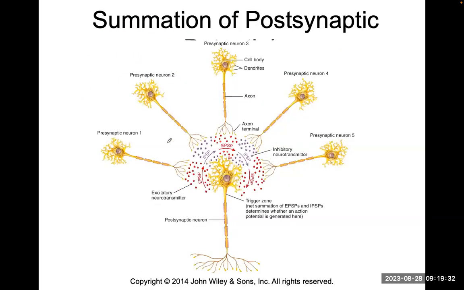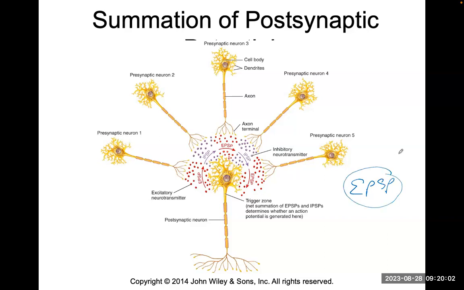So here's the summation effect on the postsynaptic, right? So you have a presynaptic. This looks like it's an excitatory postsynaptic potential. Here's an inhibitory. Here's an excitatory. Here's an inhibitory. Here's an excitatory. So what's going to happen is we've got more excitatories than inhibitories. So the excitatory postsynaptic potential is going to win.